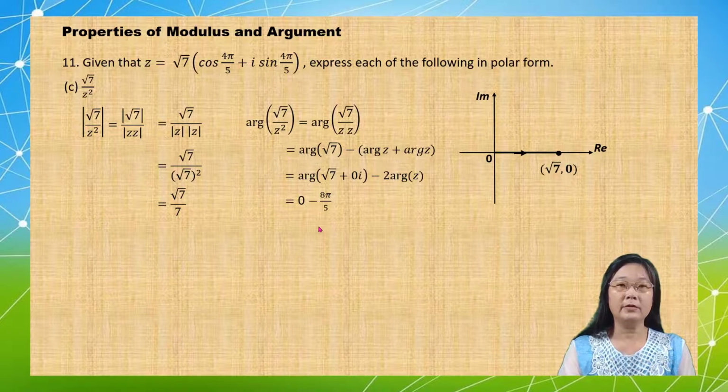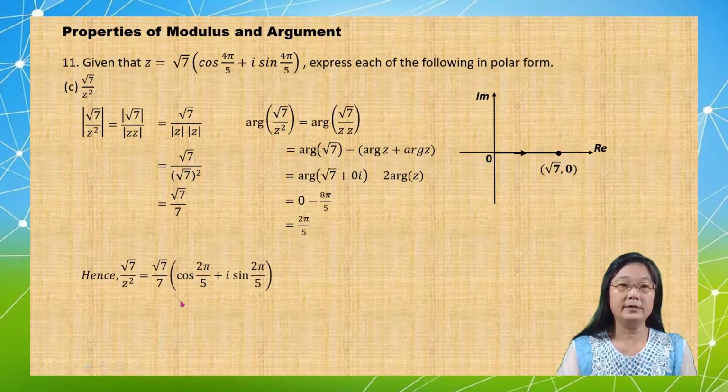So I'm going to add 2 pi, so that the argument is in the interval greater than negative pi and less than or equal to pi. After adding 2 pi, it is equal to 2 pi over 5. So therefore, the polar form is this one.